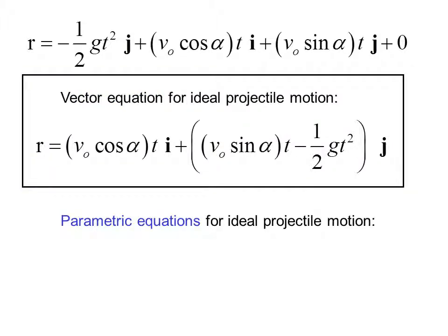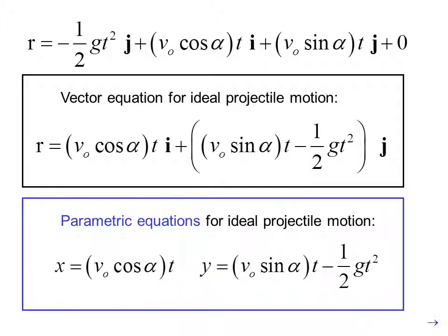Parametric equations for ideal projectile motion are x equals v sub 0 cosine alpha t, y equals v sub 0 sine alpha t minus 1/2 gt squared. And if you have trouble remembering which one is which, remember that cosine is traditionally horizontal, so it's in the x direction, and sine is vertical, which is in the y direction.